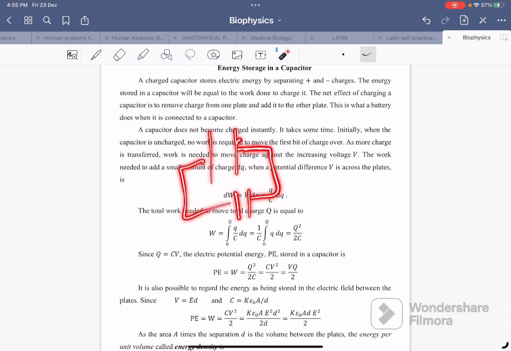So suppose this plate carries a positive charge and this plate carries a negative charge. Let's assume like that. So to bring a charge which is located at infinity must be taken into consideration of integration so as to clearly understand the work done by the charge to bring that charge.